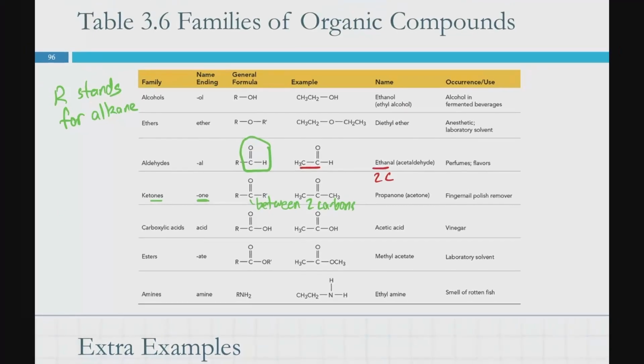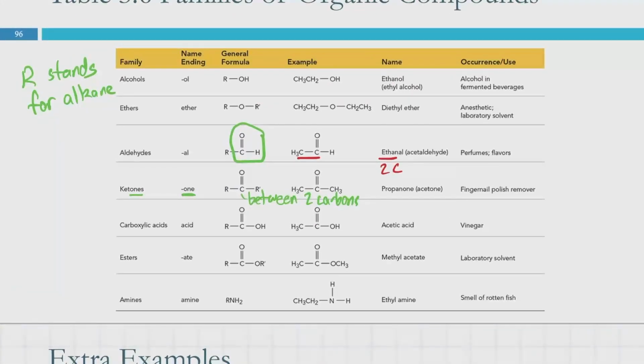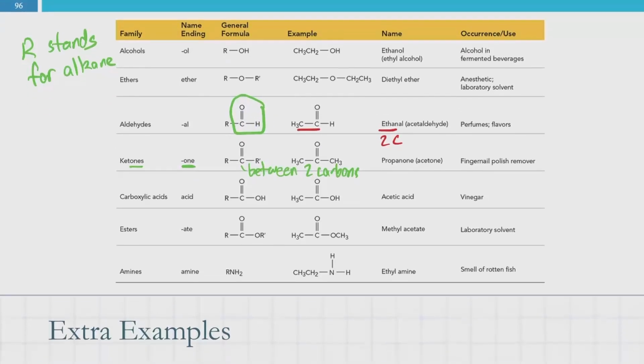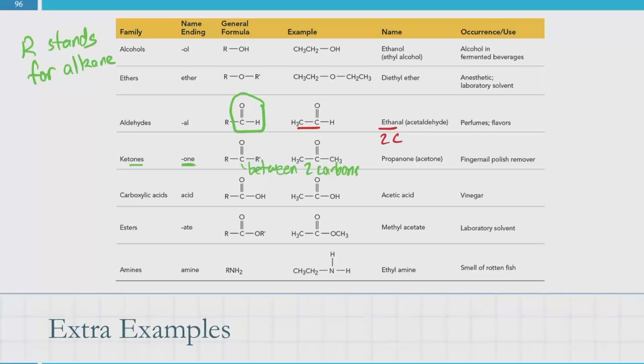So it's bridging two carbons rather than being a carbon and a hydrogen. This one, our example, we've got 3 carbons. So that's the propan part. 3 carbons, we change the ending to -one because it's that ketone group in the middle.